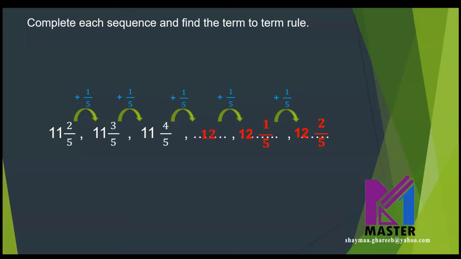Then we start over. 13 and 1/5, 13 2/5, 13 3/5, 13 4/5, and 14, and so on. Okay? So please study this well and keep practicing counting on and back by unit fractions such as 1/3, 1/4, 1/2, 1/5, 1/6, 1/7, 1/8, and so on.